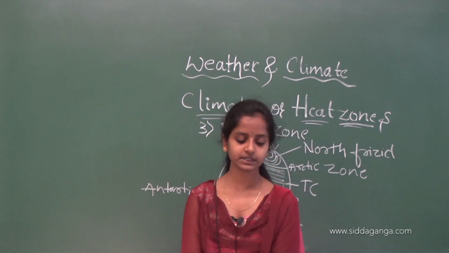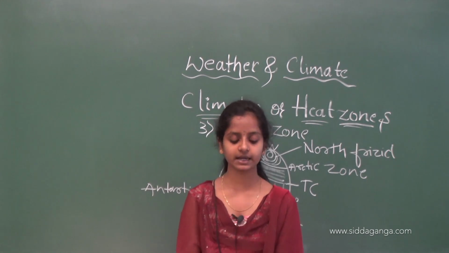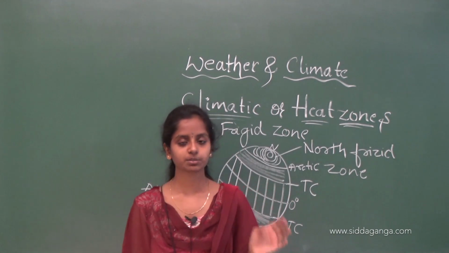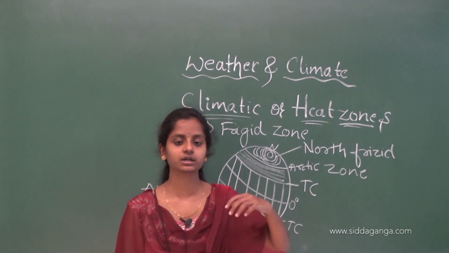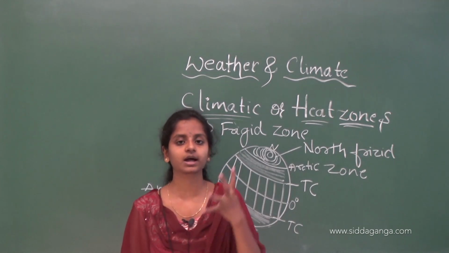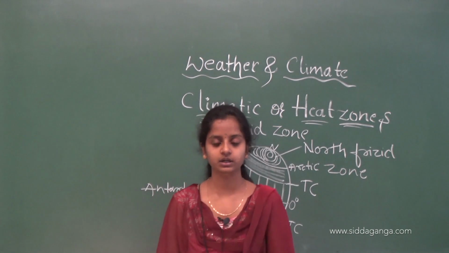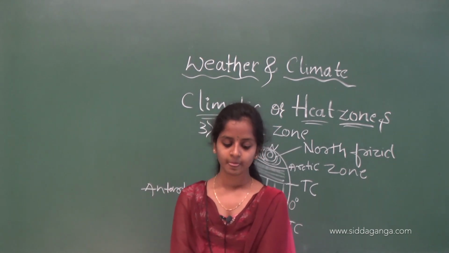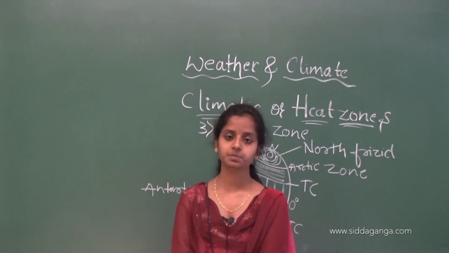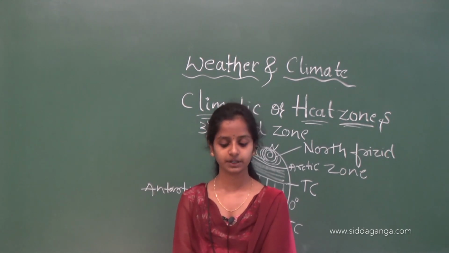Temperature varies in different parts of the world. Temperature is an important factor of climate. This temperature varies in different parts of the Earth, and it is a measure of climate. The distance of a place from the equator decides the climate of a place.